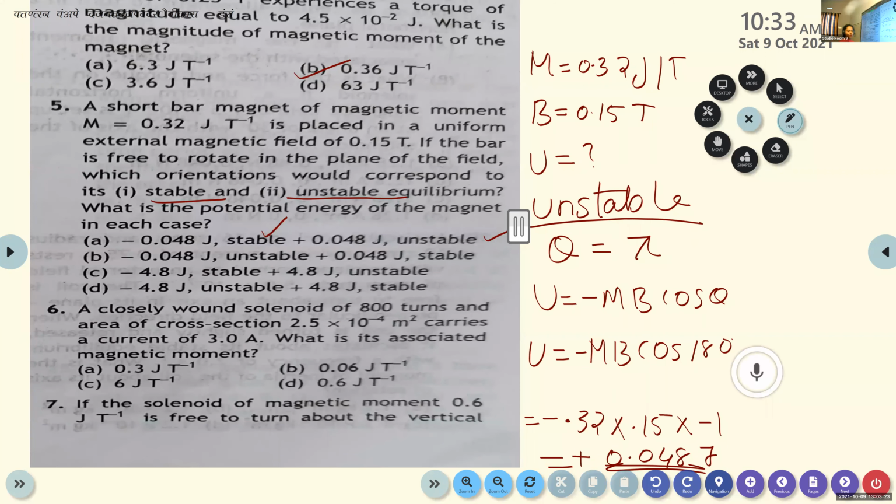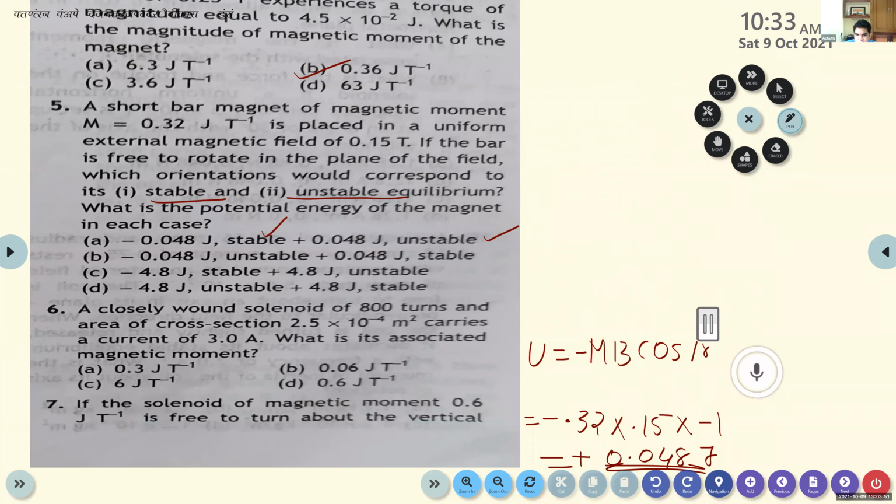Cos pi by 2 means pi by 2 is equal to 180 by 2, 90 degree. So cos 90 is equal to 0. Instead of taking cos 0, we are taking the value of cos 90. I think we substitute the value of 0 there, right? Yes, ma'am. So it must be stable at 0 degree.